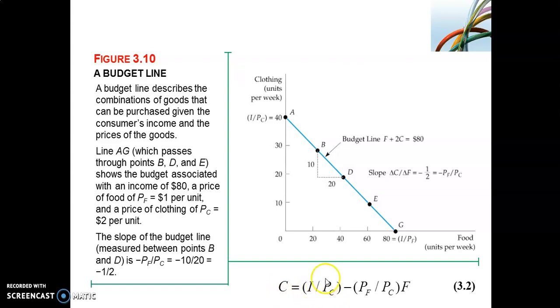Now, I over the price of clothing, your income over the price of clothing, this represents your vertical intercept. And this over here represents your gradient or your slope. And similarly, you could find your horizontal intercept through rearranging, and that would be your income over your price of food.